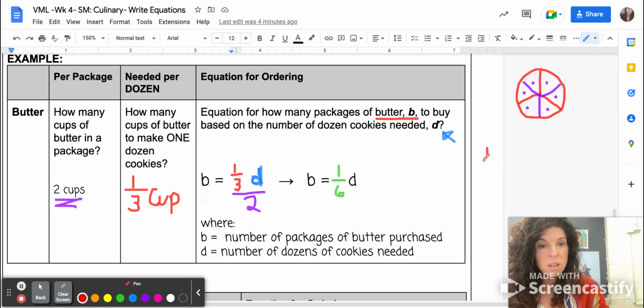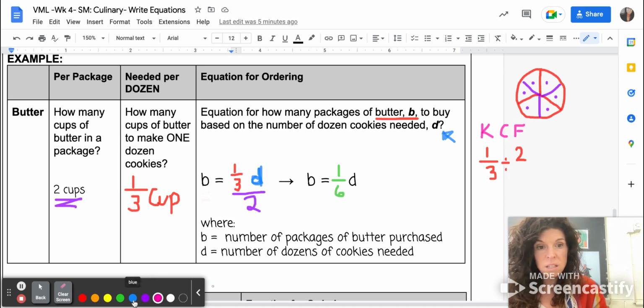So we have 1/3 and we are dividing it by 2. When we have dividing a fraction, you might have heard before from maybe 7th grade, maybe 6th grade: keep, change, flip. All right. So here's what's going to happen.